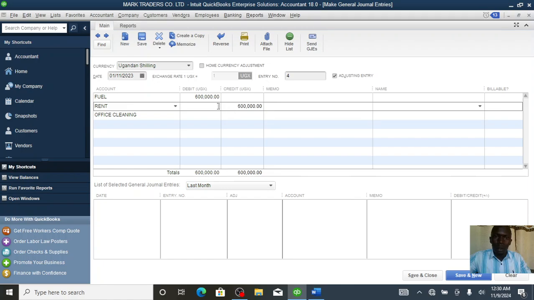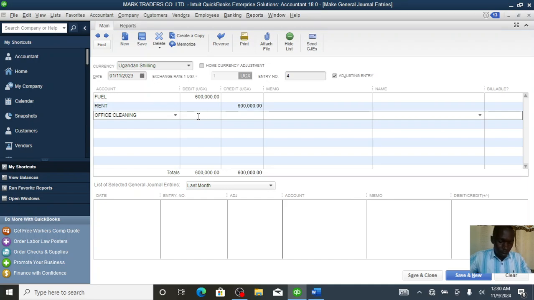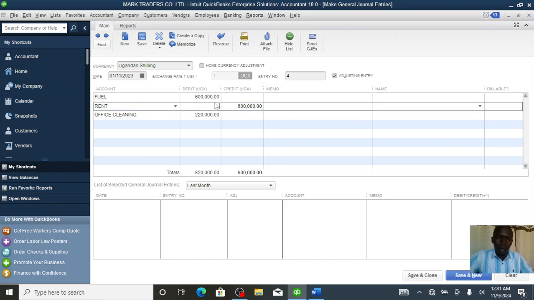Where they are creating it will be screening is 22. Here it is rent, it is 200,000. Here we delete this.